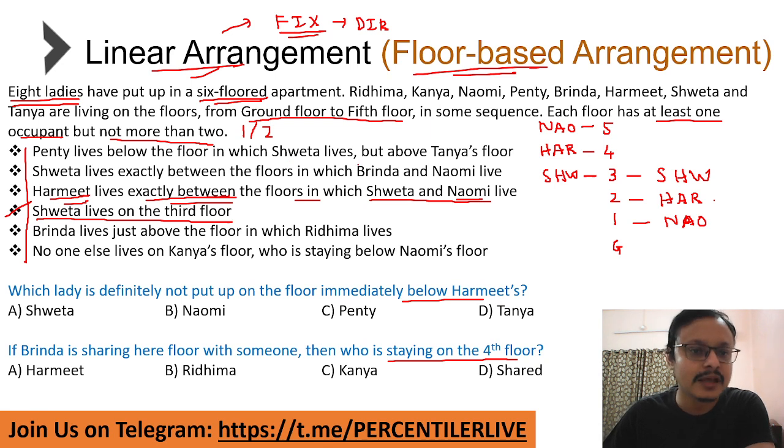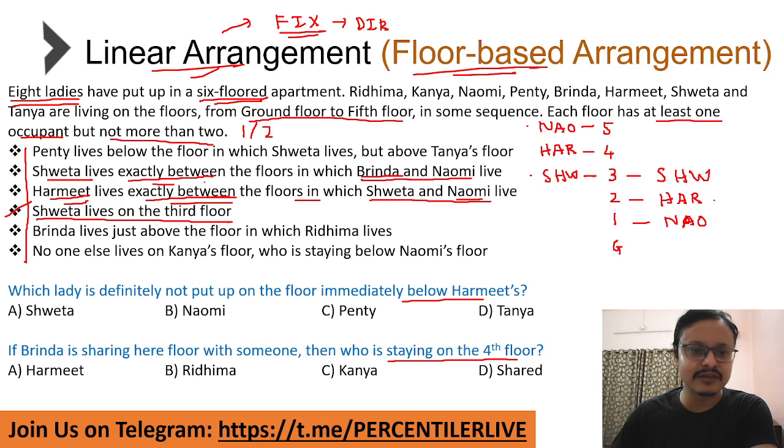What is the next thing you do? The next thing you do is, it says there is one more clue on Shweta. What is that? Shweta lives exactly between the floors in which Brinda and Naomi live. So here, Naomi is on the fifth floor, Shweta is on the third floor, which means Naomi is 2 floors above Shweta.